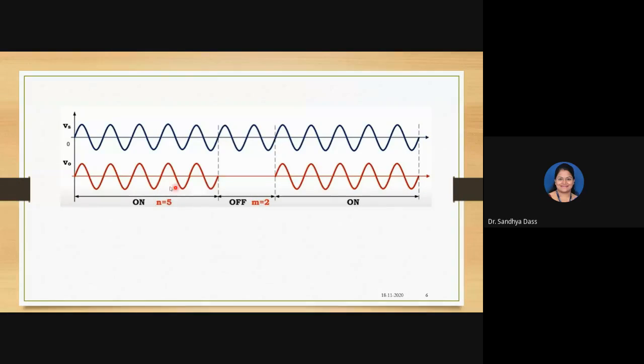With such a process, if the time constant of the process is large, then even if you turn off the supply for a few cycles, it will not make any difference in the overall process. But of course, the output voltage will be different. If you take 7 cycles here, the supply is connected to the load for only 5 cycles, and for the rest of the 2 cycles it is off.